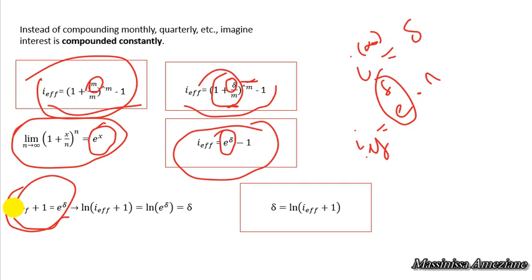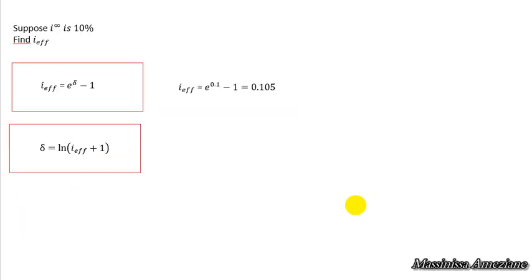So ln of effective plus 1 equals ln of exp lambda, and we know this equals lambda. So lambda, which is the force of interest or the nominal interest compounded continuously, is the Neperian logarithm of the effective interest plus 1.